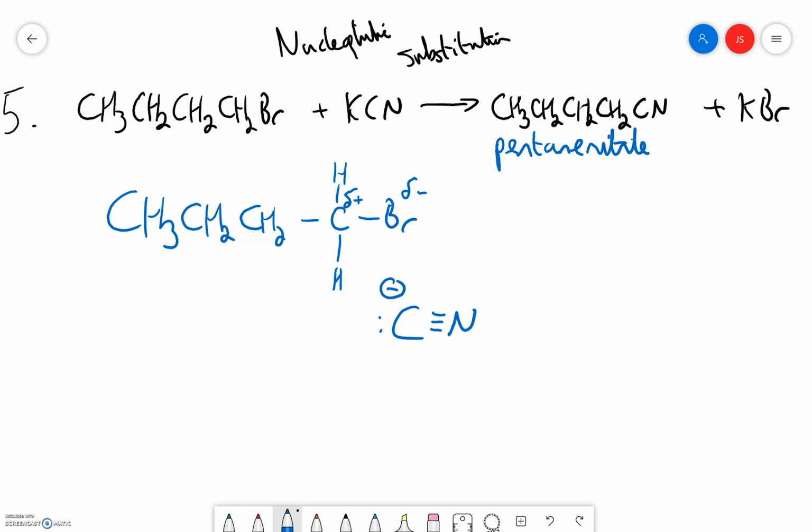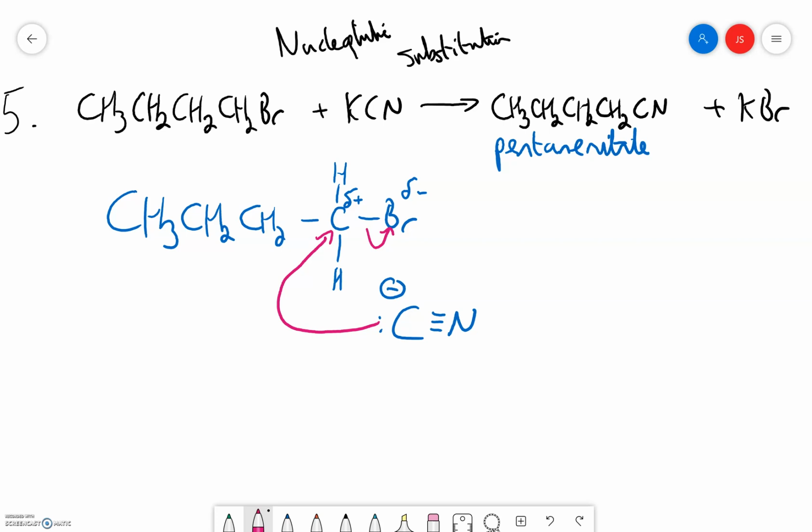Alright, make sure the lone pair's on the carbon, not the nitrogen. You don't have to show the triple bond. I've just done that to show you that it is actually a triple covalent bond. And then curly arrow. Backside attack, or front side, doesn't really matter, and you end up with the pentanenitrile.